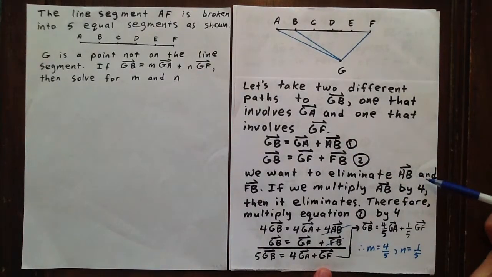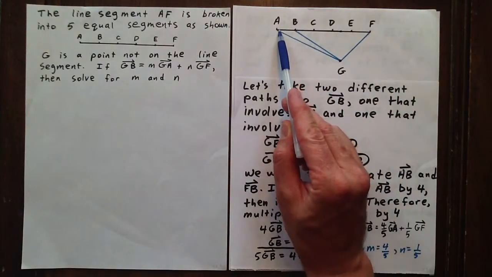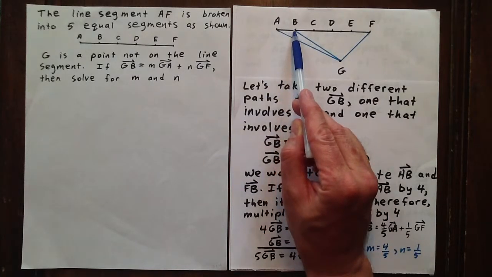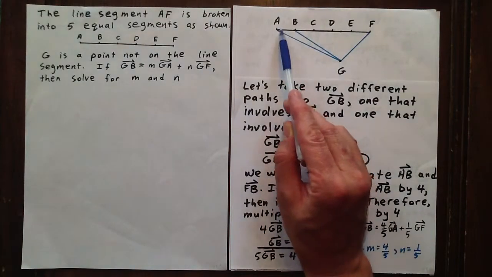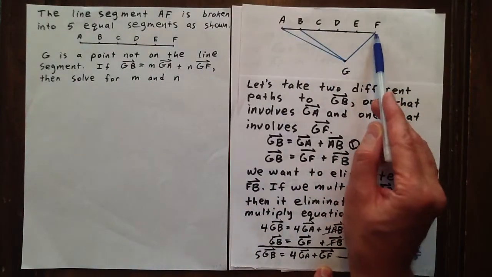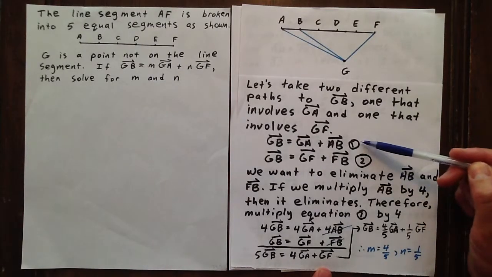But then we see we can eliminate AB by realizing if we could somehow multiply AB by 4 and make it 4 units long instead of 1, that it would be the opposite vector of FB. So what we're going to do is multiply this entire equation 1 by 4.